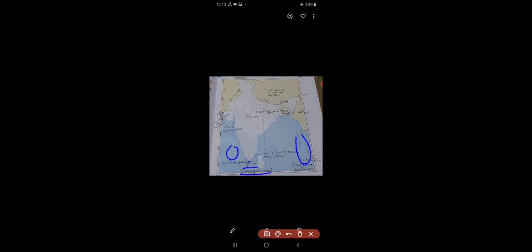Now next, we are having the features that are separating Sri Lanka and India.